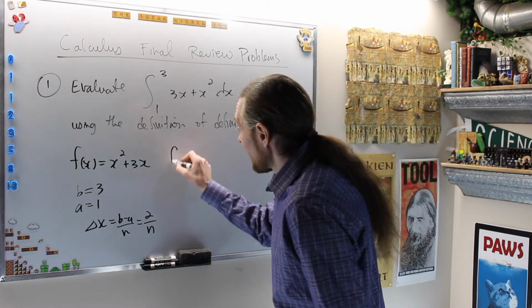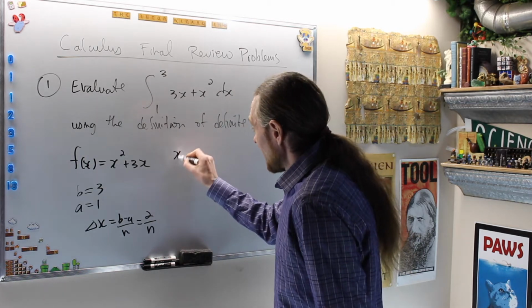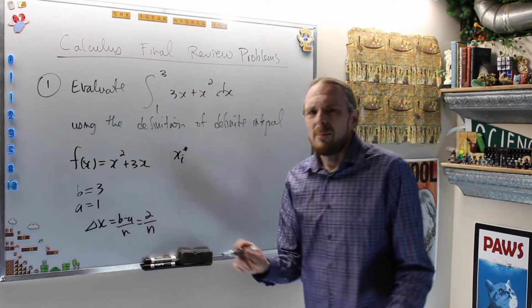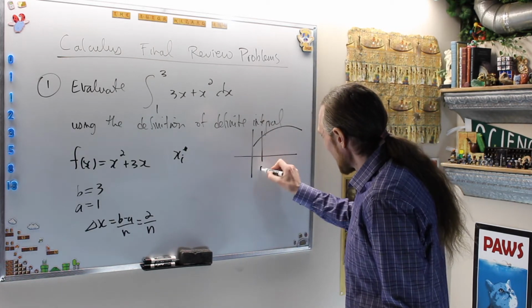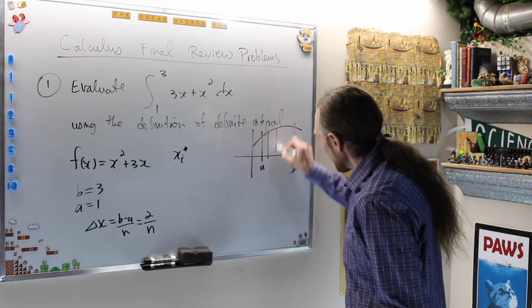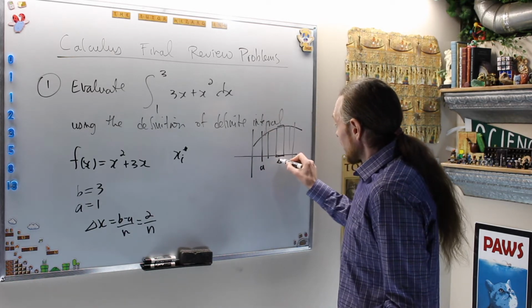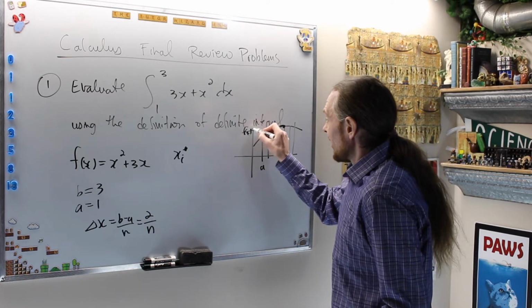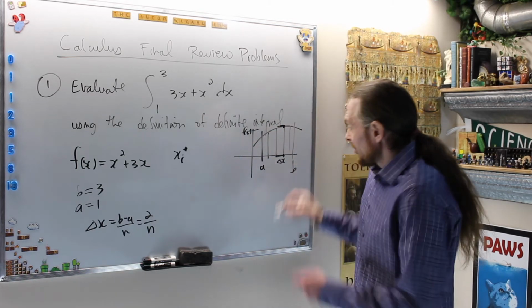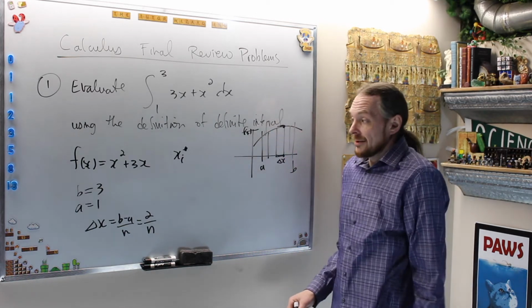Now I need f of xi star. First of all, let's do xi star. Xi star is some sample point in our interval. Remember, we're integrating our function from a to b, and then we're chopping it up into these rectangles. Each rectangle has an area. The width of the rectangle is delta x. The height of the rectangle is f of xi star for some sample point. I'm going to pick the right-hand endpoints as our sample points.